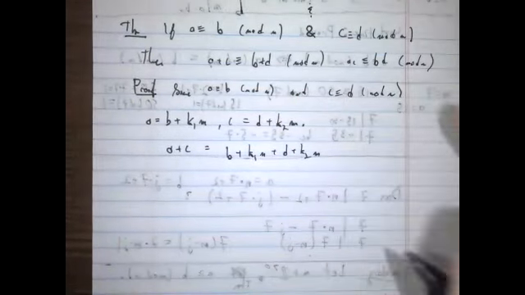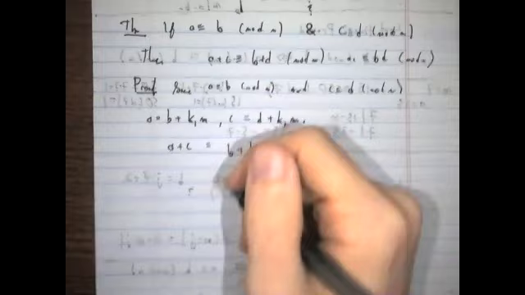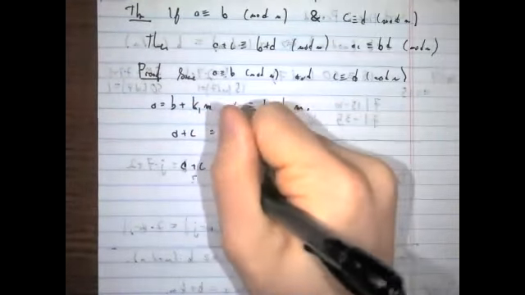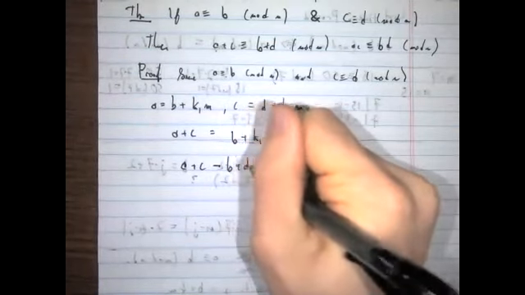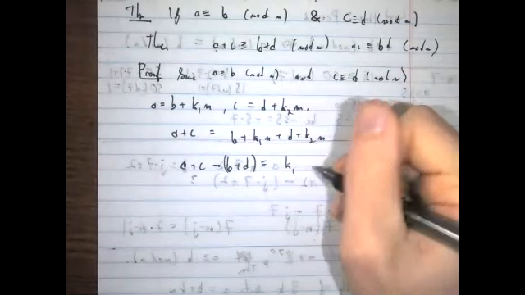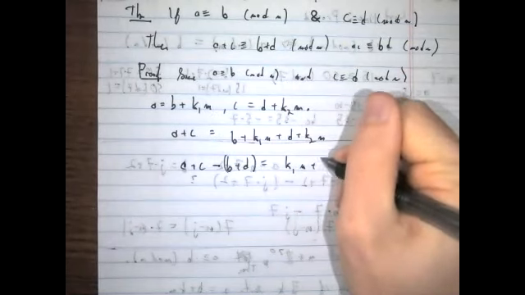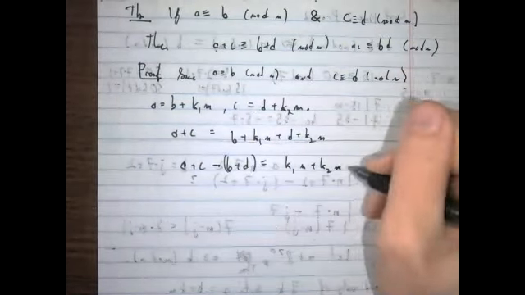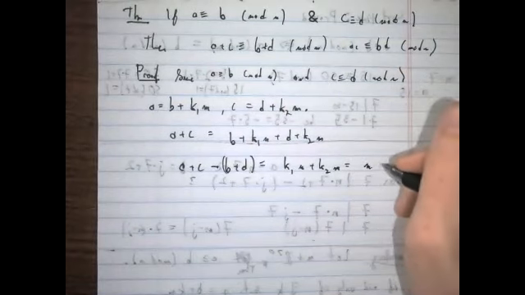And then b plus d is just b plus d. So a plus c minus b plus d is equal to k1 m plus k2 m, which is equal to m times k1 plus k2.